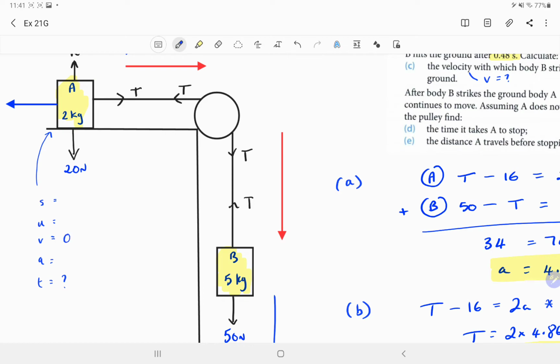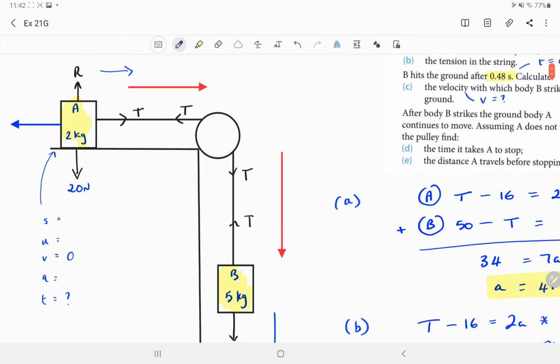Now we do know the initial velocity, because the initial velocity of this part of object A's movement is the final velocity of object B. So that was 2.33. Remember, we're looking for the time it takes to stop, but we don't have enough information there.